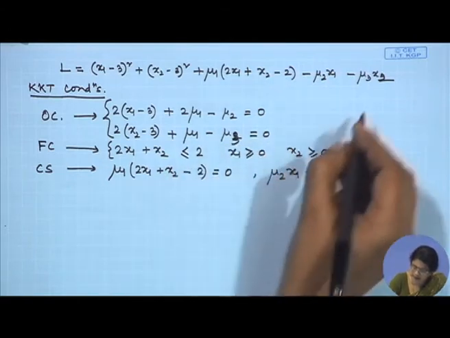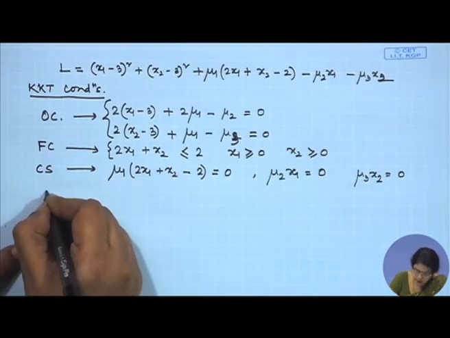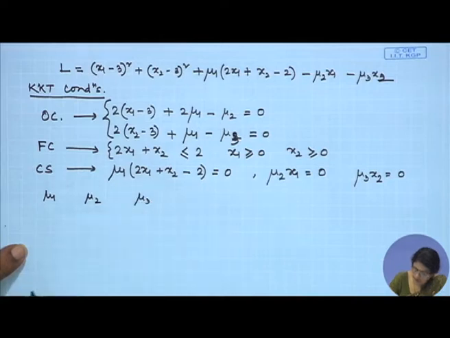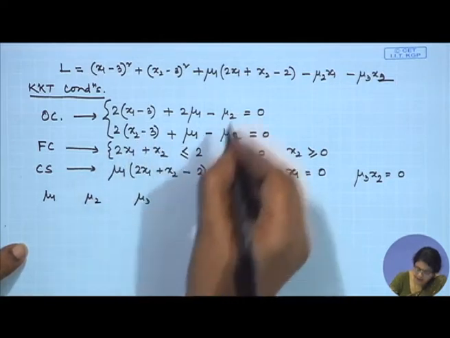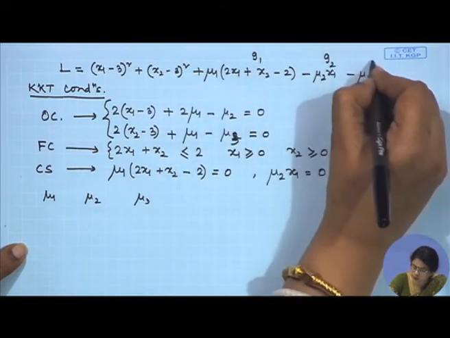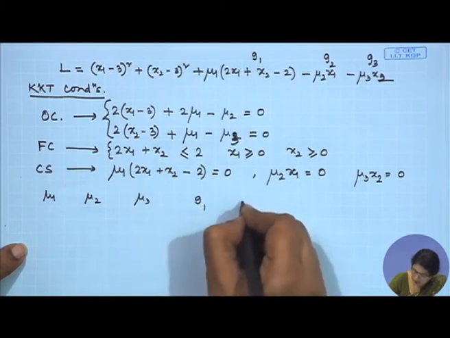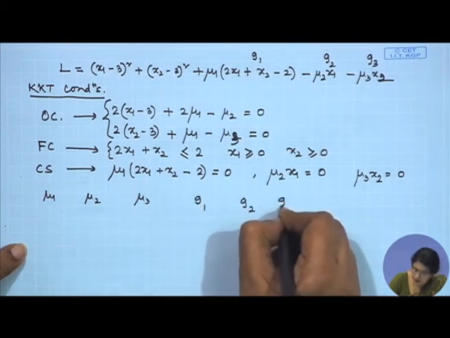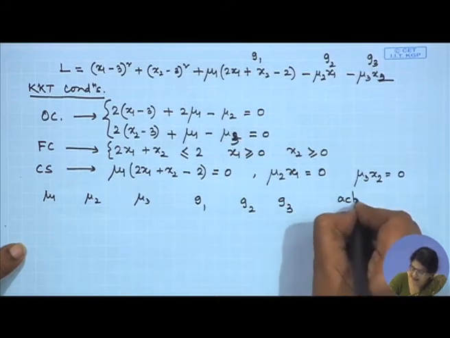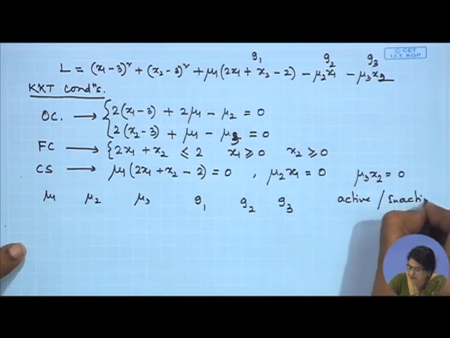We have G1, G2 and G3. Then with different conditions of G1, G2, G3 and mu 1, mu 2, mu 3, we will have either active or inactive constraints.